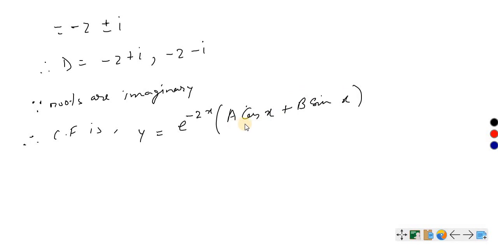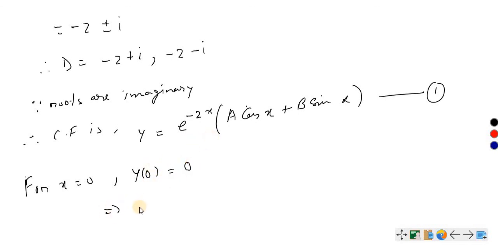Now by using the conditions provided to us in the question, that is for x equals 0, y will also be 0. Let this be equation number 1. For x equals 0, y of 0 will be 0.